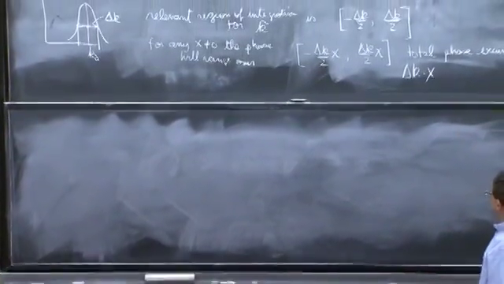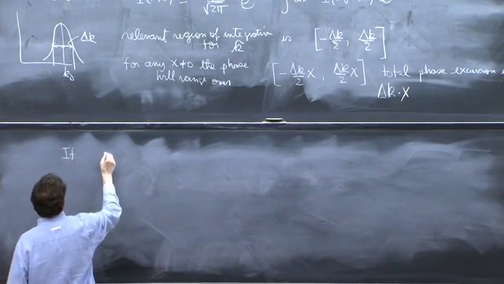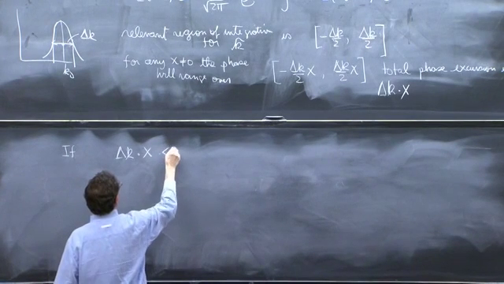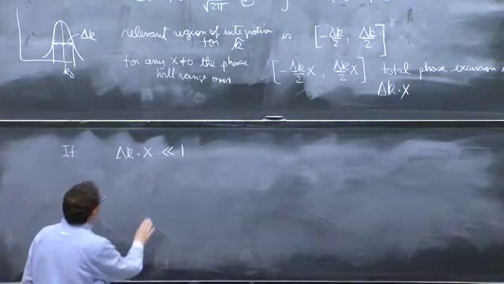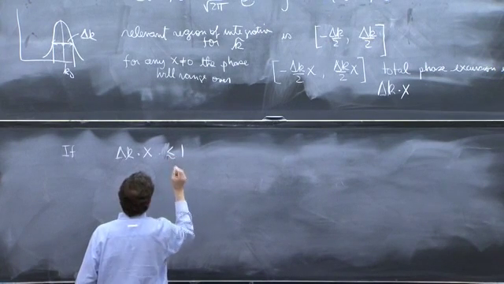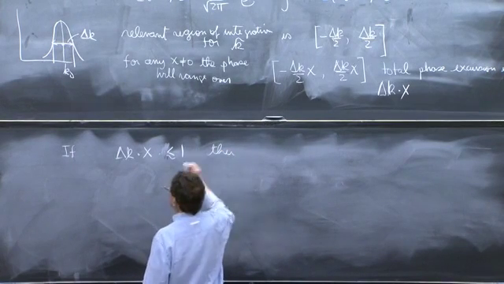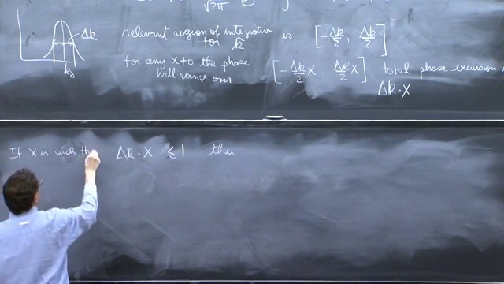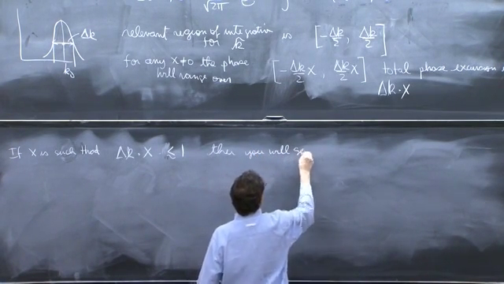As long as this total phase excursion is very small, so if x is such that delta k times x is significantly less than 1, or in fact, I could say less than 1, there will be a good contribution.